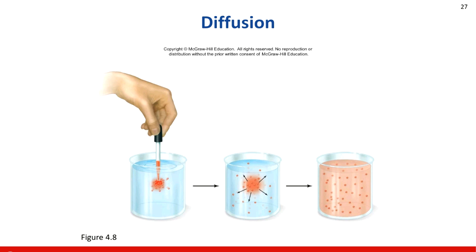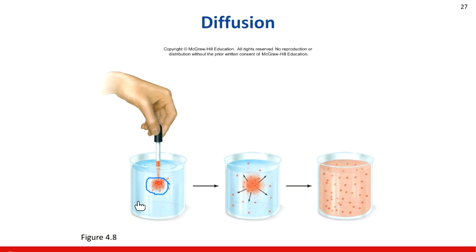Diffusion. We have a medicine dropper here with food coloring, and we have a beaker full of water. So we take that food coloring and we dump it in the water. We notice right here is an area of greater concentration of that food coloring, and outside here is an area of lesser concentration. So what's going to happen with the process of diffusion?